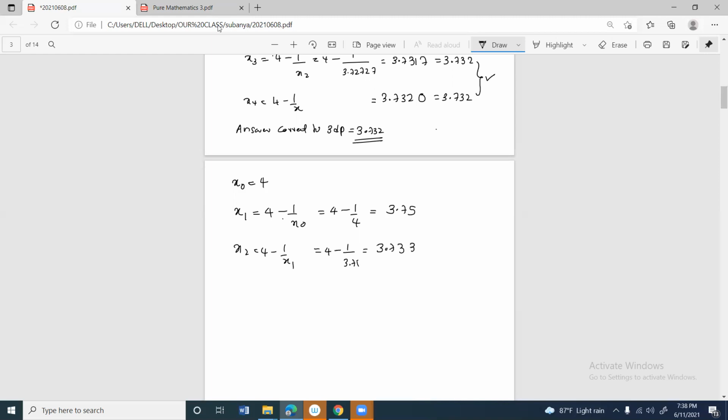If you need 3 decimal places, you write it to 4 decimal places. Then x3 is 4 minus 1 over that same answer, 3.733. That answer is 3.7321.